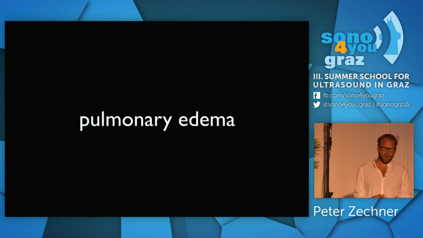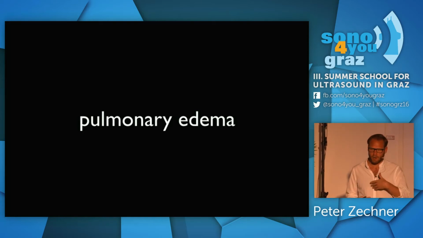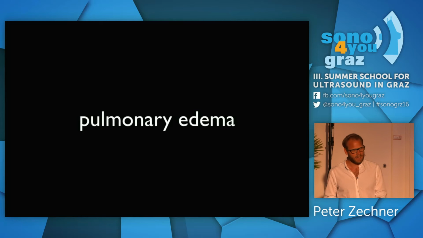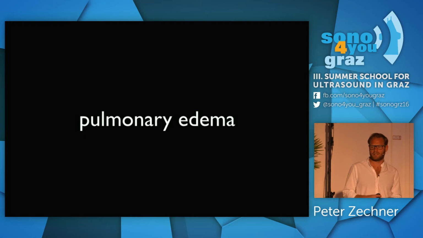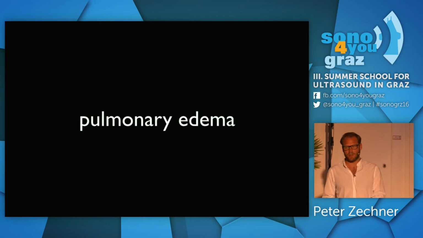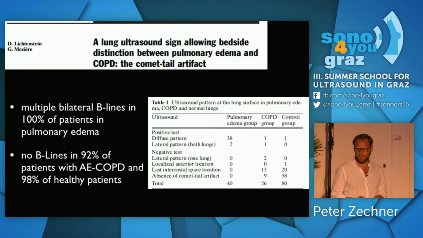They often have comorbidity of cardiac and pulmonary problems. Even for very experienced physicians, it's often not easy to make the right diagnosis. This is why I think ultrasound is a really good tool to make the right diagnosis in patients with acute shortness of breath.